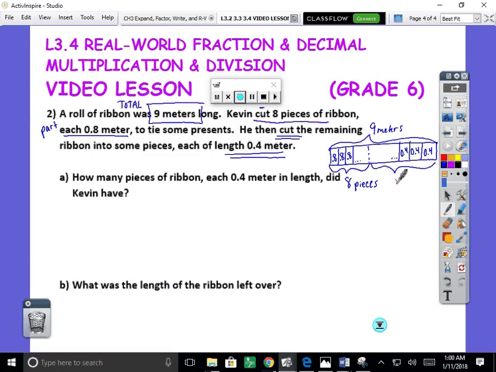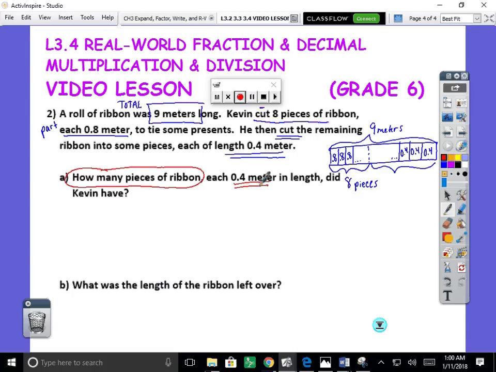So the real question is, part A, how many pieces of ribbon, I can think of it as parts, how many pieces of ribbon does he end up with that are 4/10 of a meter in length? Oh, that 4/10 of a meter, that's repeated. That goes with those double underlines, doesn't it?